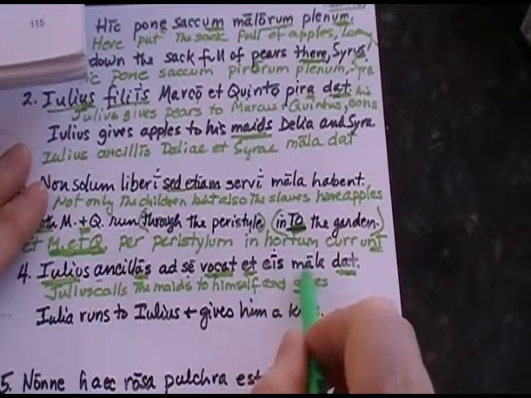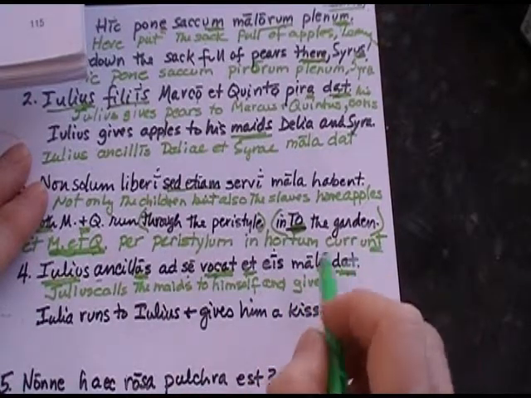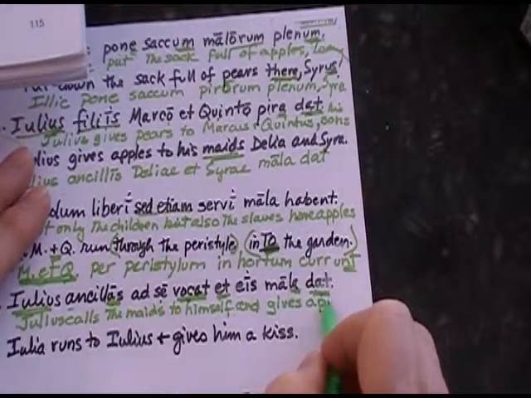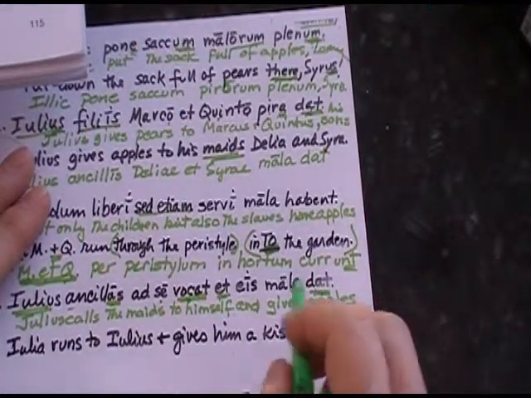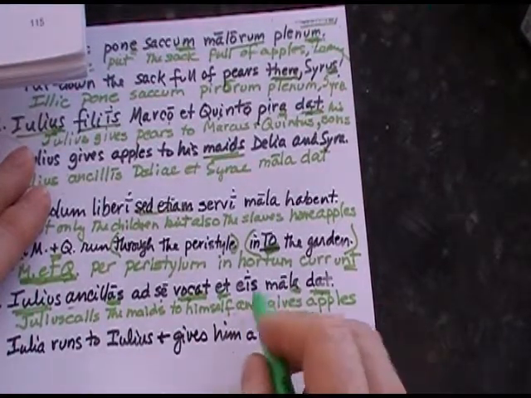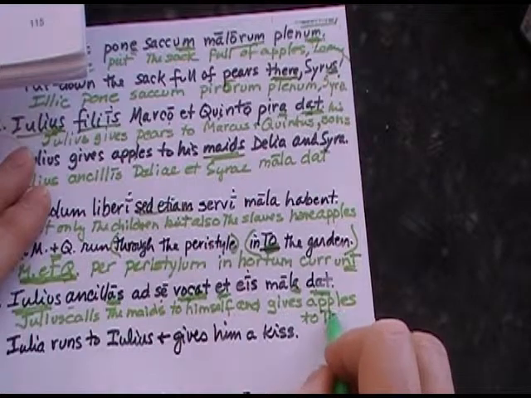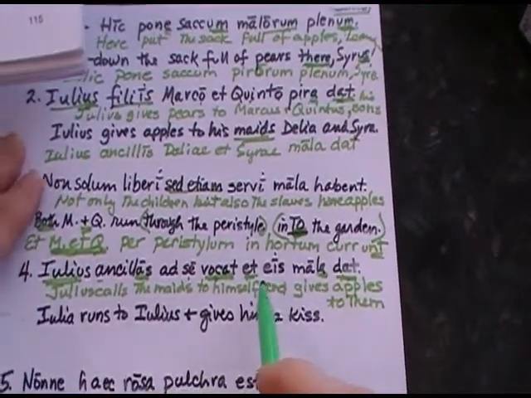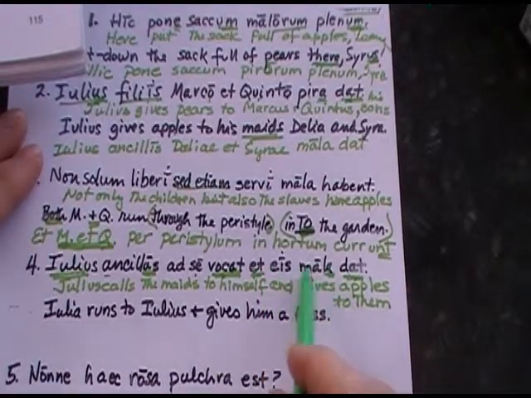Which is accusative here? Mala is the plural accusative for apple. He gives apples. And who or what does he give them to? To them. This is the pronoun form, eis, gives apples to them.